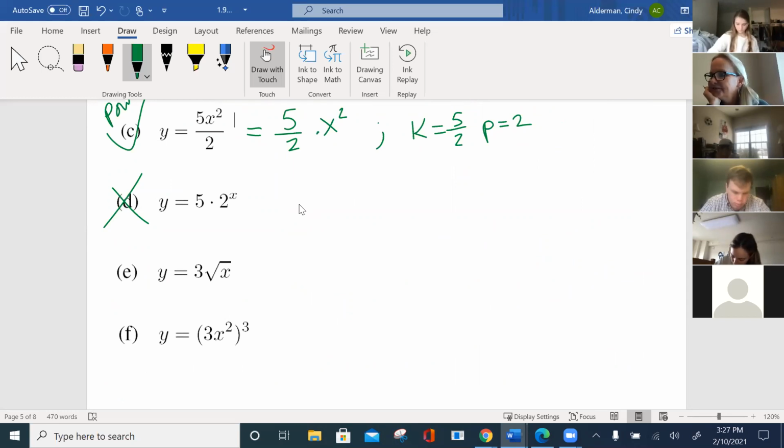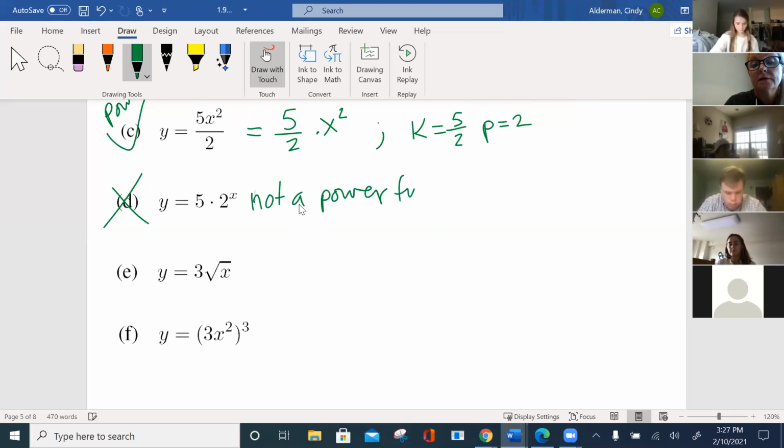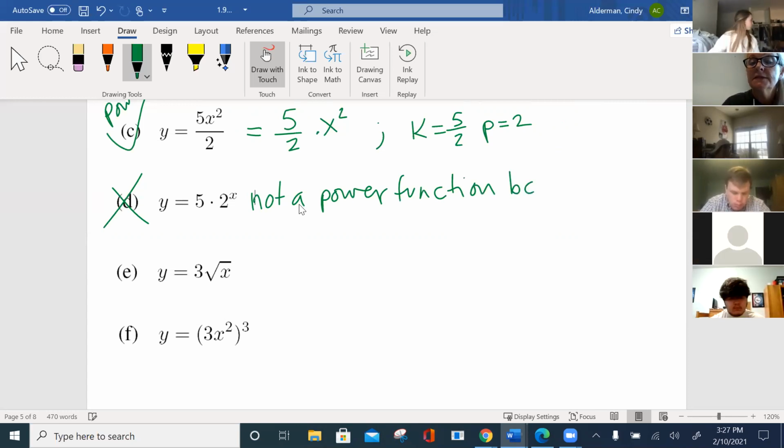Starts with E? Exponential. Yeah, exponential, thank you. So let's say this is not a power function, because p equals x is not a real number.